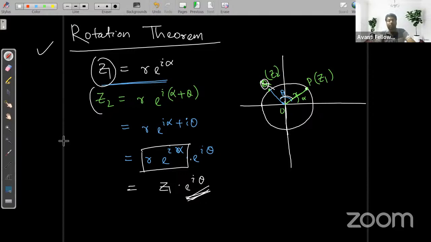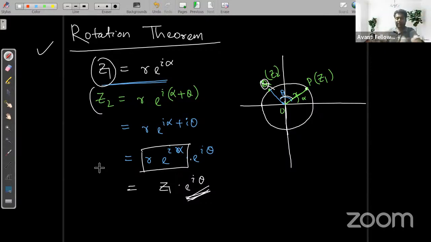So what is the conclusion of the rotation theorem? When we multiply e to the power I theta with a complex number, that complex number rotates by theta angle from Z1, in the anticlockwise direction. Here we are discussing the anticlockwise direction.